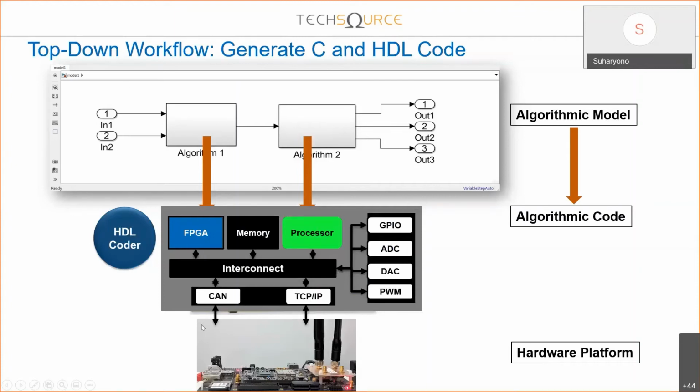So in this case, suppose there's a memory model, the interconnection, and various I/O ports. That might cause certain performance issues when you directly deploy your code to this particular hardware.